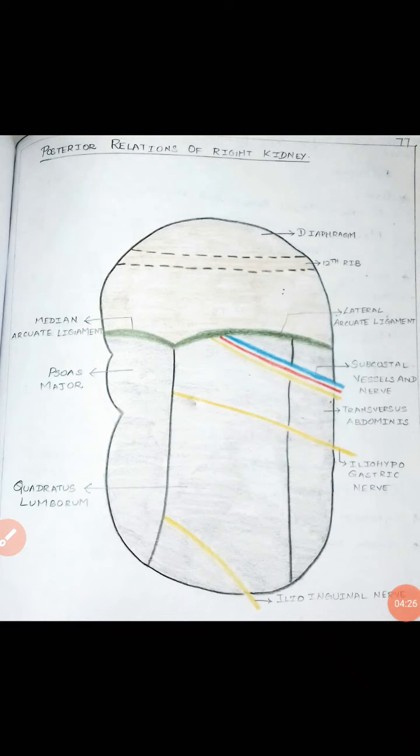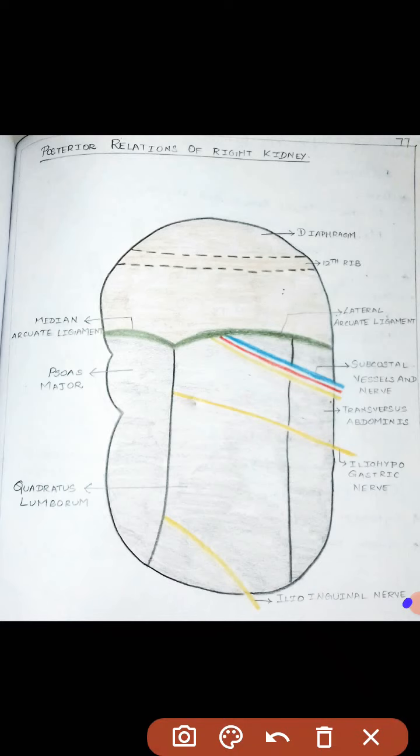This diagram shows the posterior relations. The posterior relations are the same for both kidneys. So first the posterior relations are diaphragm. This is the diaphragm. Then 12th rib. This is the 12th rib.